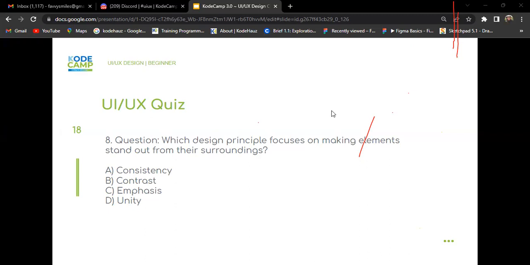You actually got this correct. The correct answer here is emphasis. Emphasis is the design principle that focuses on making elements stand out from their surroundings. Emphasis. Ugoma.